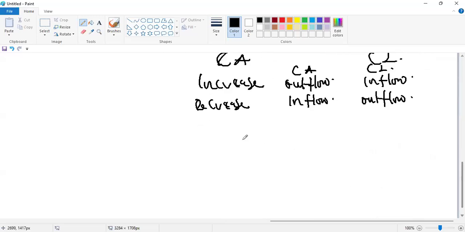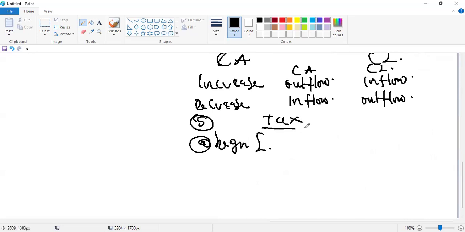The last item is the tax calculation. Why? I'll go to the question to see if there are different taxes. Does it have different taxes? Yes, it does.